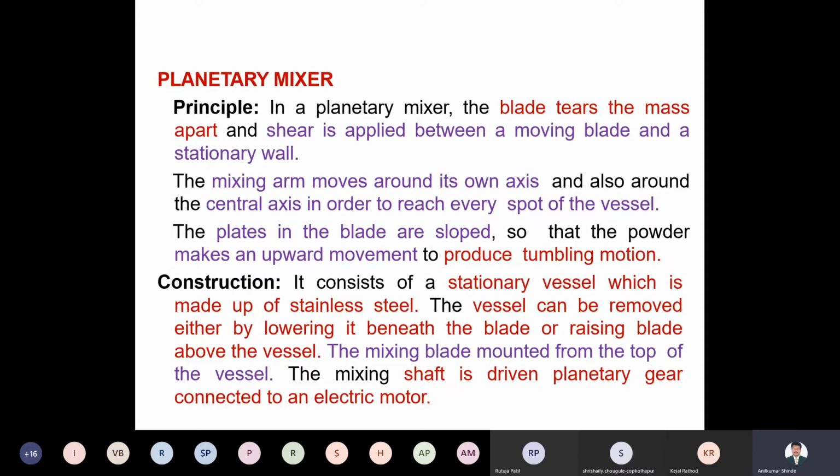So the mixing arm moves around its own axis and around the central axis in order to reach every spot of the vessel, right? So with the planetary mixers we can move the mixing arm. These are blades which are mixing on their own axis.